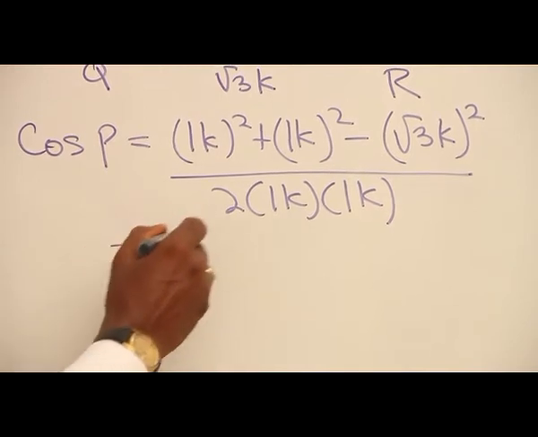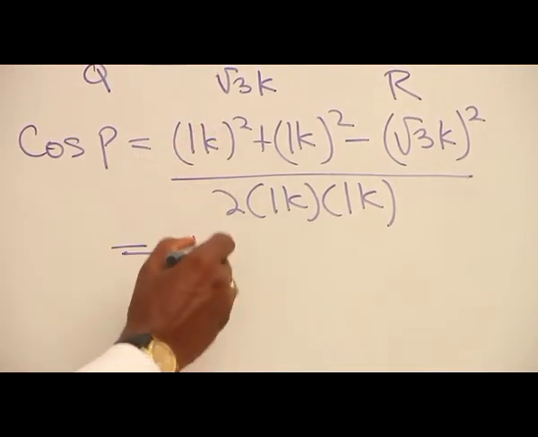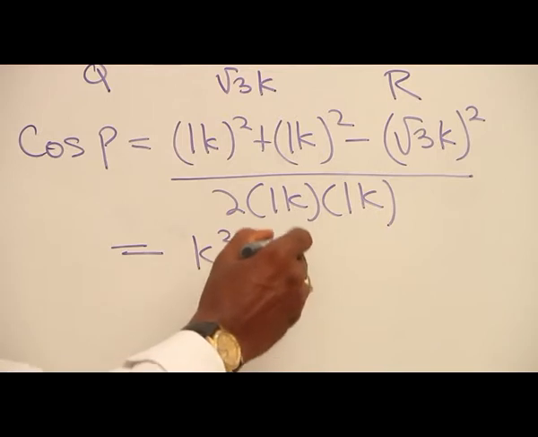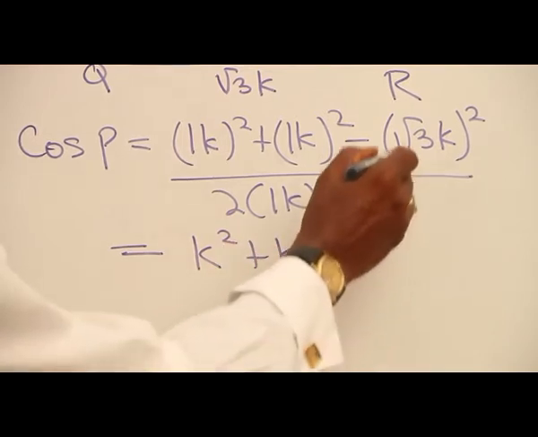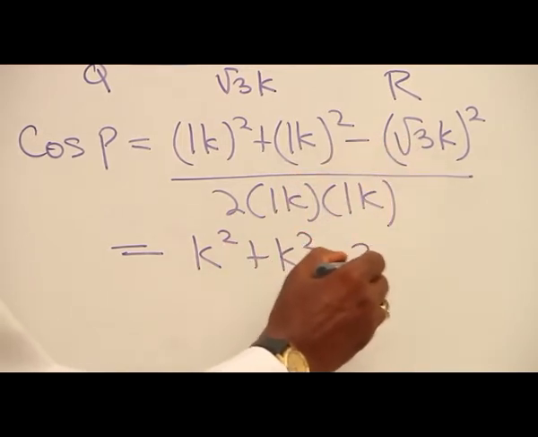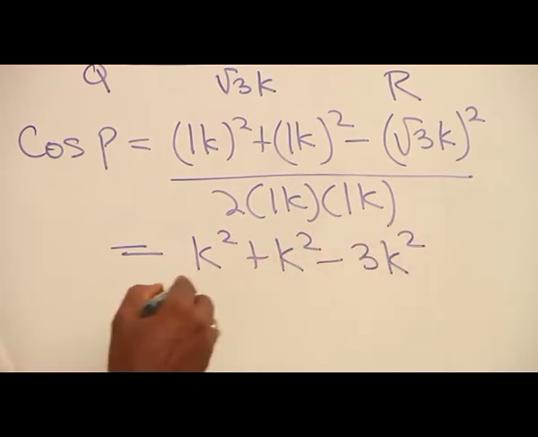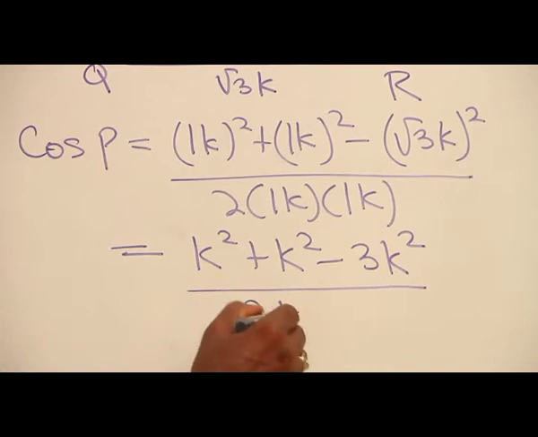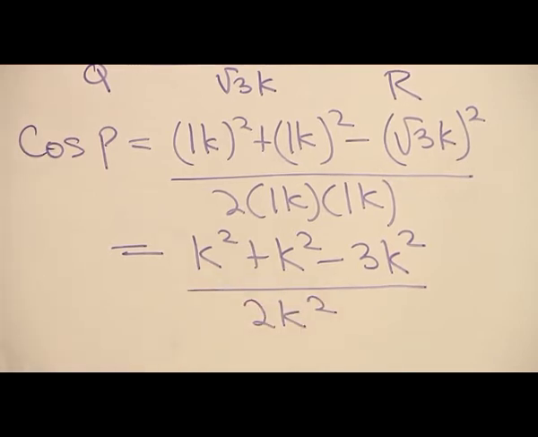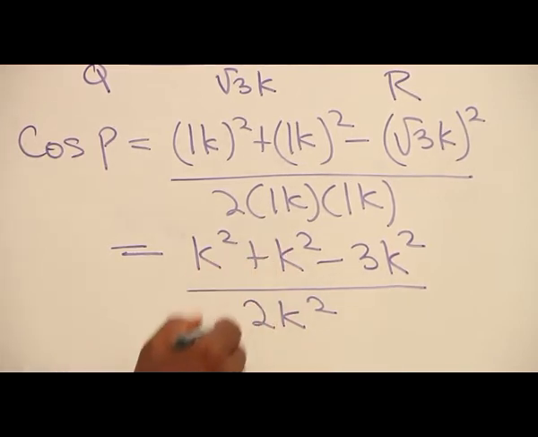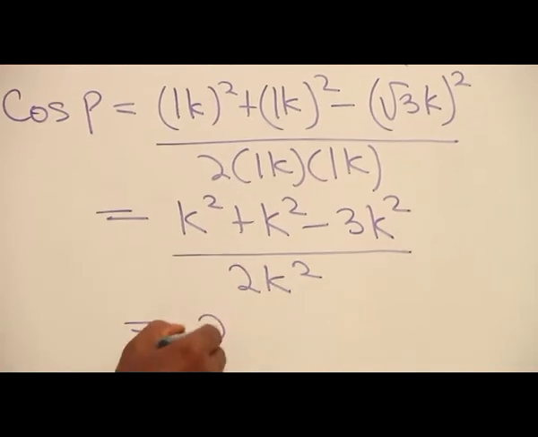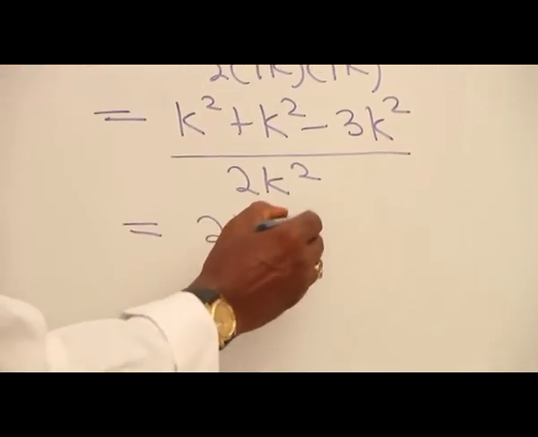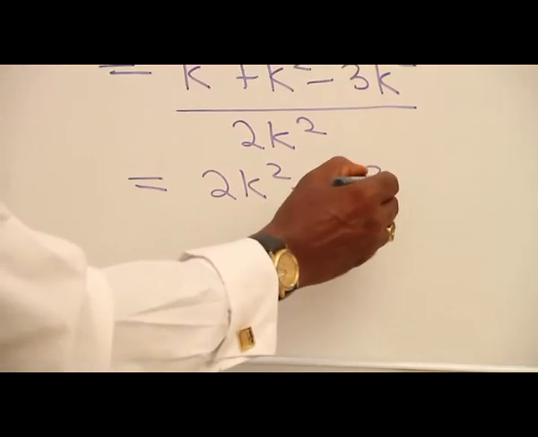Now we will simplify this to become k squared plus k squared, and this is minus root 3 squared is 3, and that is also k squared. Everything here all over 2 times k is 2k squared. Furthermore, we have this as 2k squared minus 3k squared.